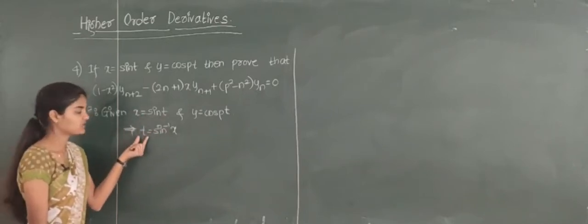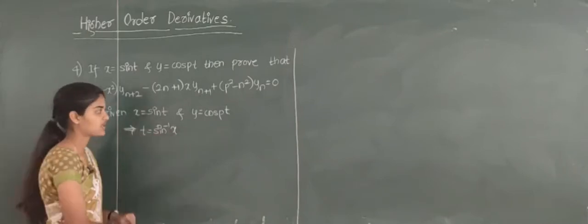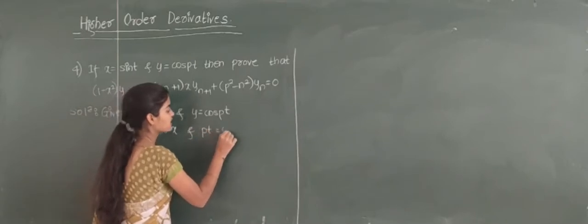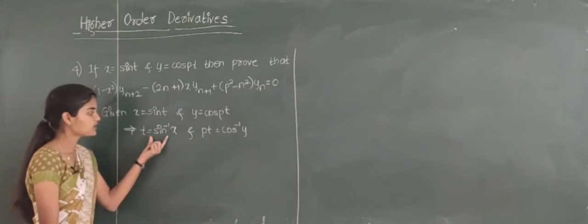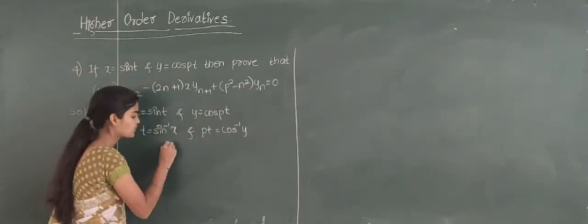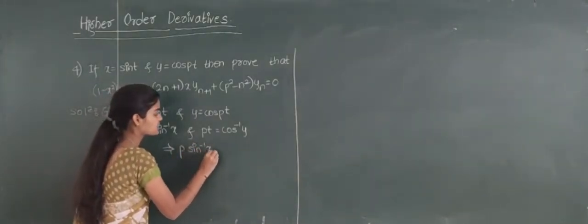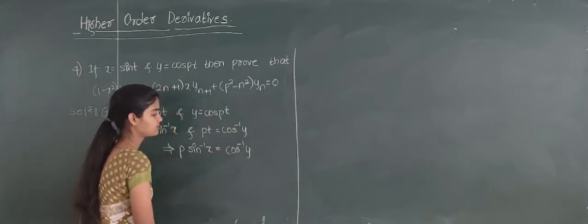So we get t itself. That is, t is equal to sin inverse x. And similarly, here the pt value we will get as cos inverse y. Now see, the t value is sin inverse x and here we have t. So substituting that, we get p into sin inverse x is equal to cos inverse y.